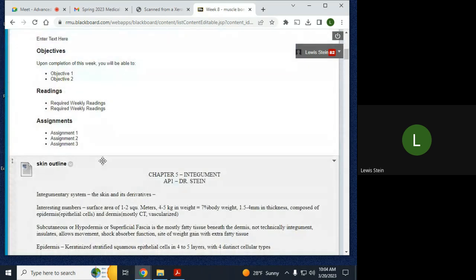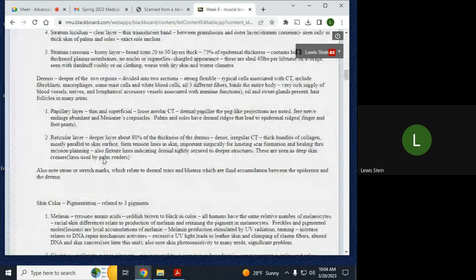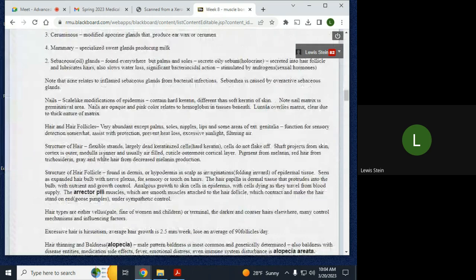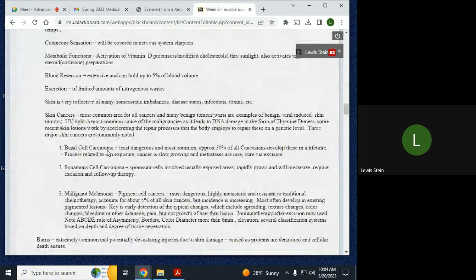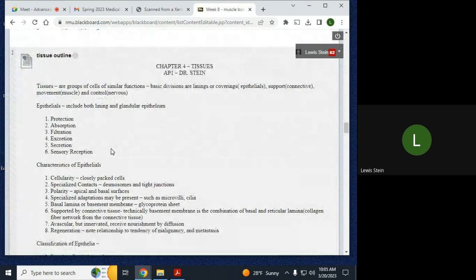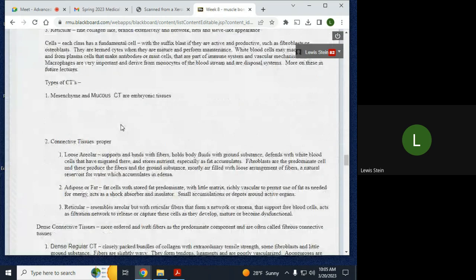What I did was I have the chapter on skin to look over, all the stuff that's there, that rather elaborate outline: skin, appendages, etc., function, cancers, and then the tissue outline thereafter. You probably should do that one first.